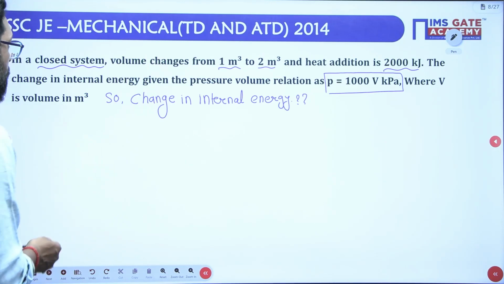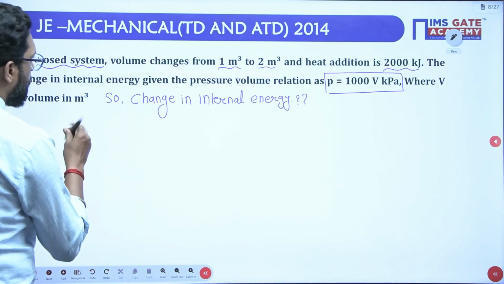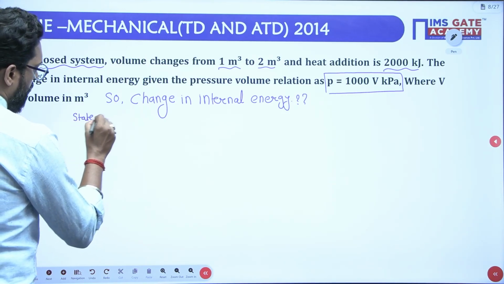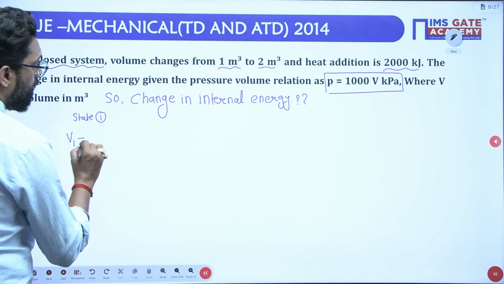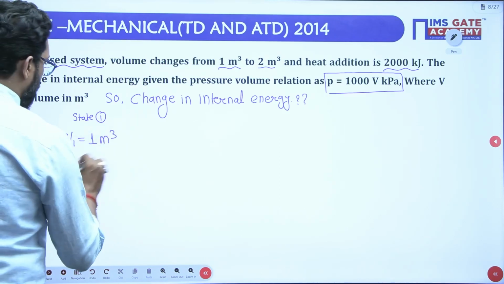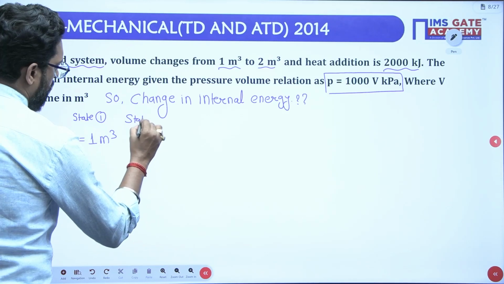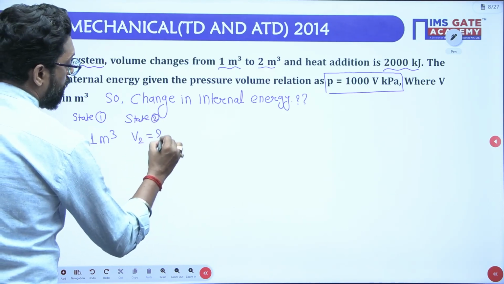That means, see my dear, closed system is there, state 1. What is state 1? V1 is your 1 meter cube. State 2, V2 is your 2 meter cube.